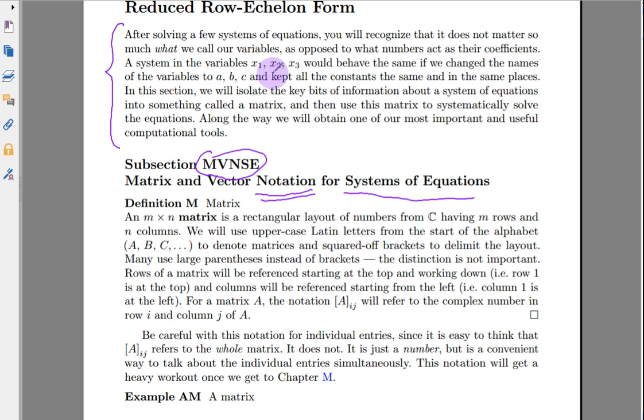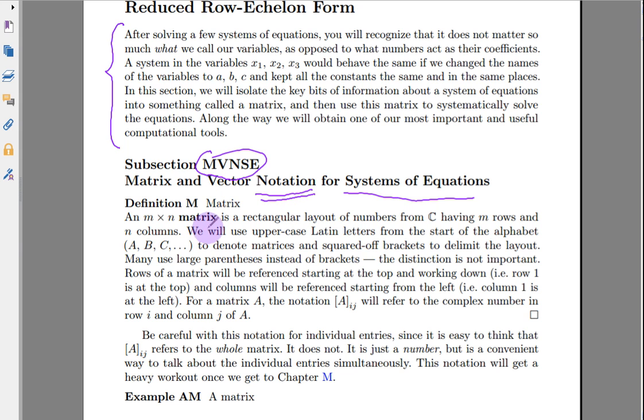You can use x1, x2, x3, a, b, c, x, y, z. The equations are the same. In your notation, you want to capture the essential aspects of the equation and not have to write all kinds of extra stuff that's not necessary.